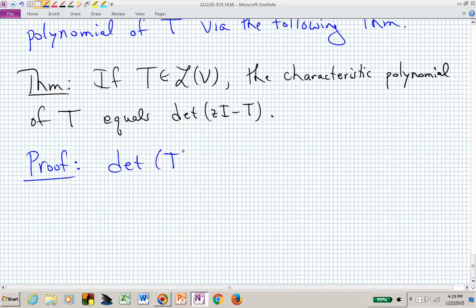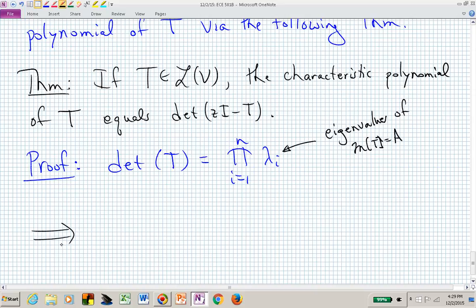Remembering what the determinant of t is, that's just the product of eigenvalues of t, and that includes multiplicities. Then we can use the following. Since we know that zI minus t has what as eigenvalues?